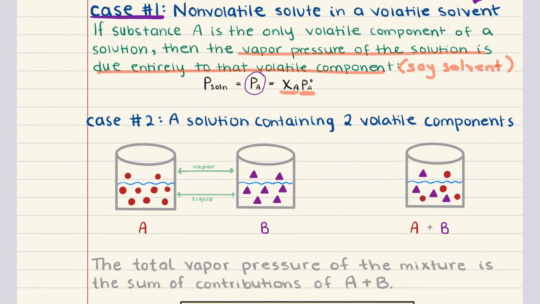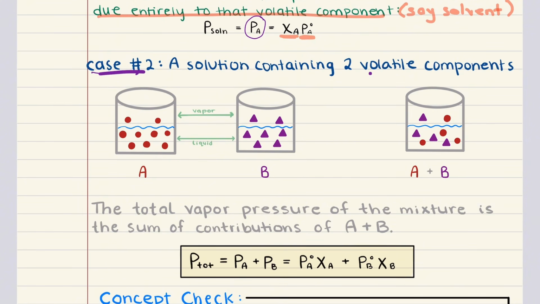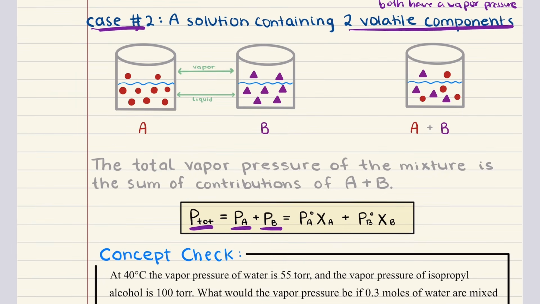The second case is when both components of the solution are volatile. In this case, each component is going to contribute to the total vapor pressure, and the total is the sum of their partial pressures. So each partial pressure is going to be proportional to the component's mole fraction multiplied by its pure vapor pressure.